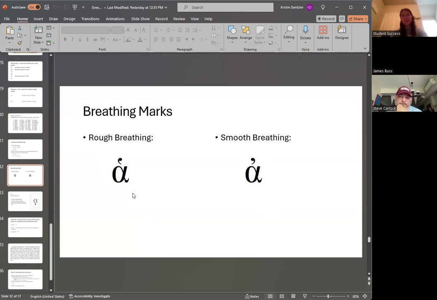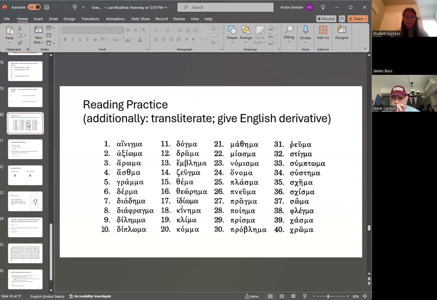If it has a rough breathing mark, which points inward towards the word, that's how I usually remember it, leaning into the word, it has a huh. That's their H, the only way they ever use an H. So those are the breathing marks, and smooth breathing you just don't pronounce.